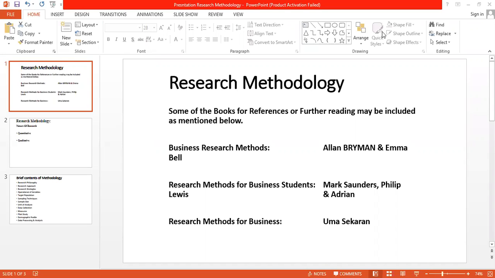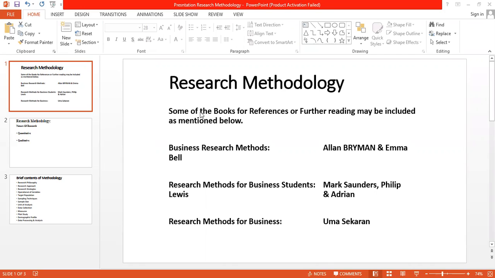Today, we shall discuss the research methodologies which were used in our research papers or thesis. This is also chapter 3, or section 3, in a research thesis and in a term paper.